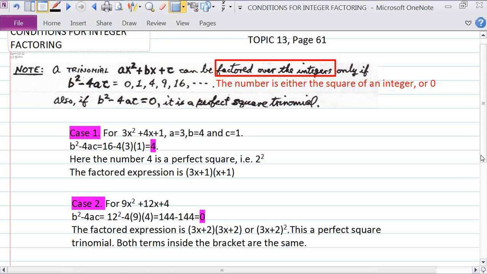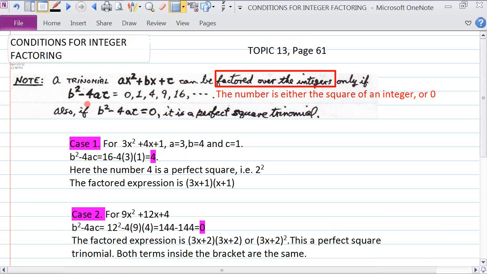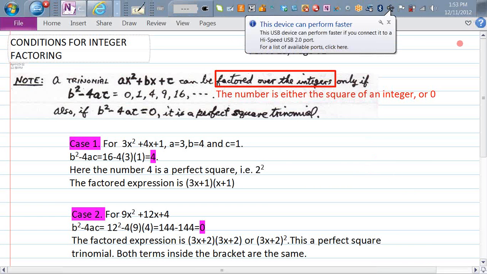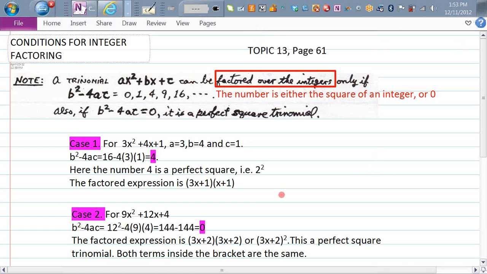Okay, what are the conditions for factoring, for getting integers as factors? There are really 4 different cases that we should examine, and we have a trinomial can be factored over integers, which essentially means that we get integers we can factor with only integer solutions, only if the b squared minus 4ac equals 0, 1, 4, 9, 16.